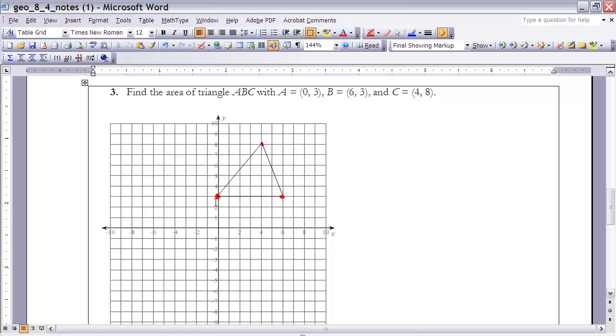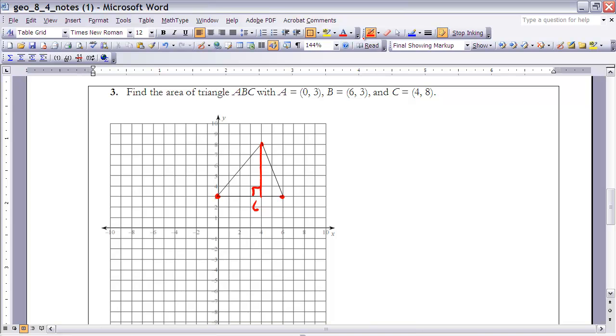Well, it works out very nicely if I work with this base that is a horizontal base. So I'm going to do that. My horizontal base goes from 0 all the way over to 6. Therefore, that would be 6 units. And if I go with a height going from here up to here, there's my altitude that I've drawn in.